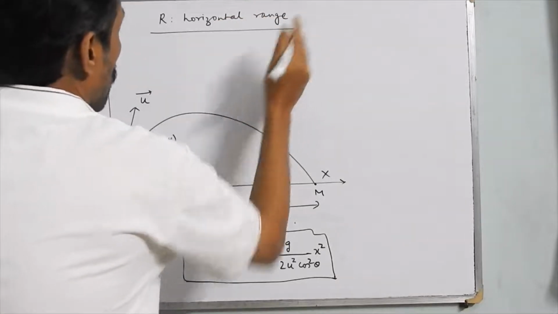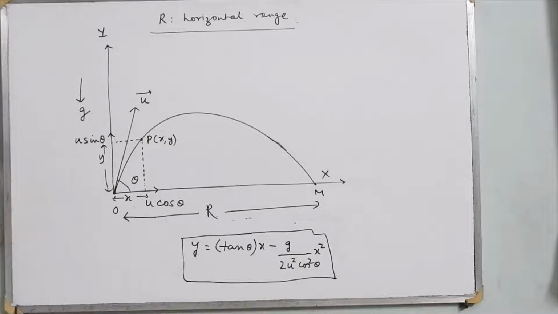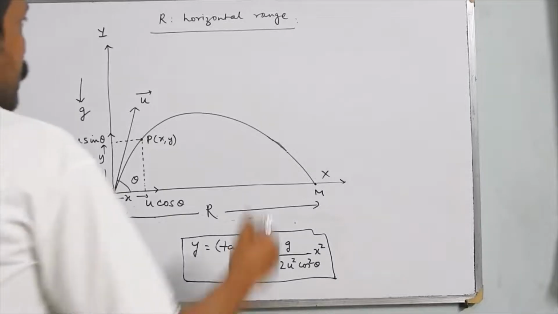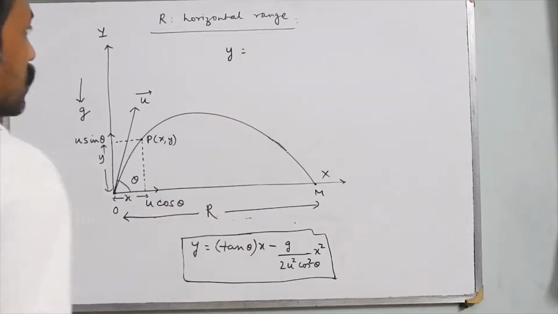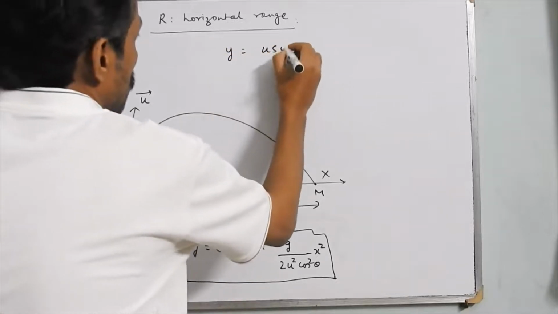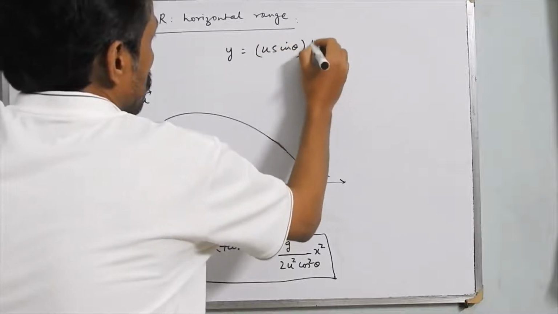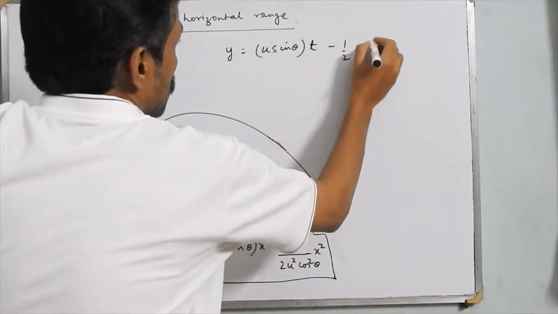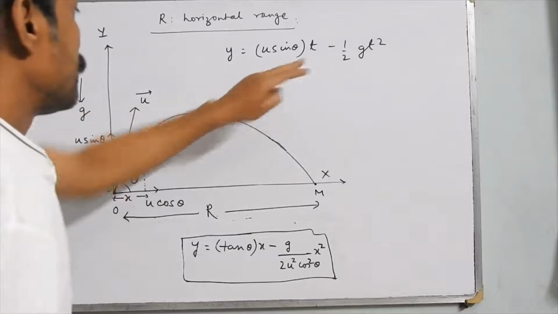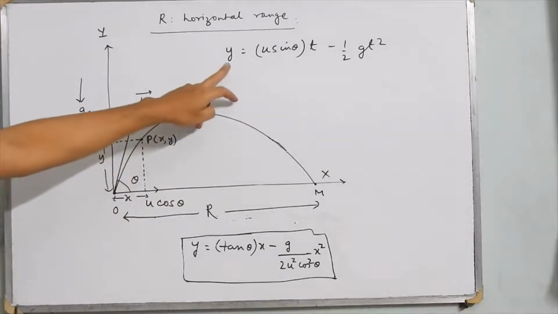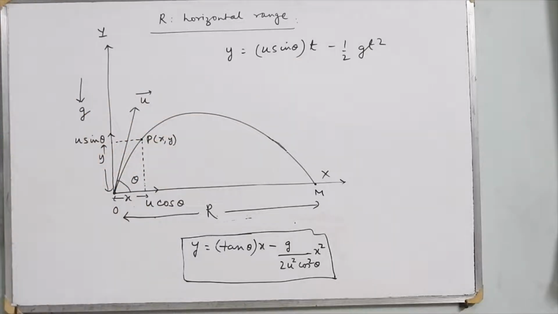Now we know that for vertically upward motion, this is what we wrote: y equal to u sin theta into t minus half gt square. In this equation, what will happen if I take y as 0?